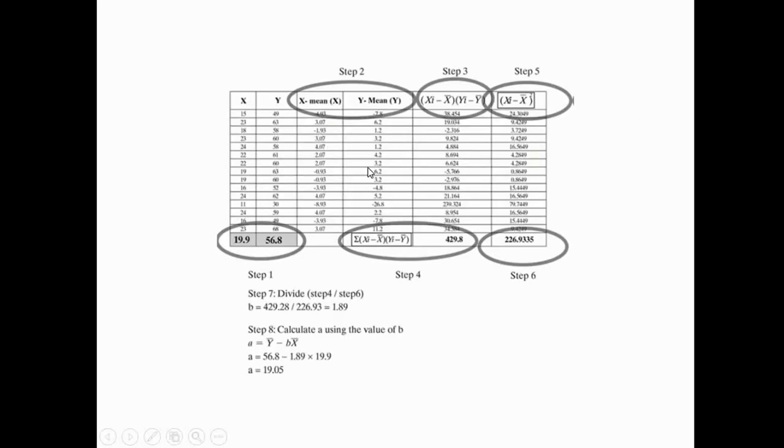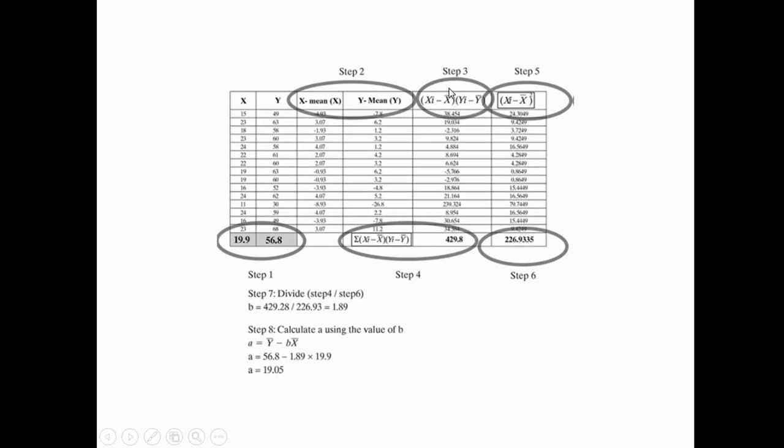So the steps followed in computing the a, b values are: step 1, we are calculating the average x and average y, that is, the mean x and mean y values are computed. Next in step 2, we are computing the product of the x mean and y mean with respect to the x and y values.